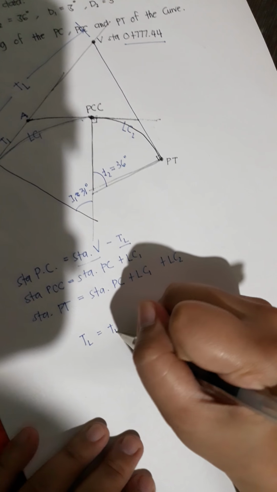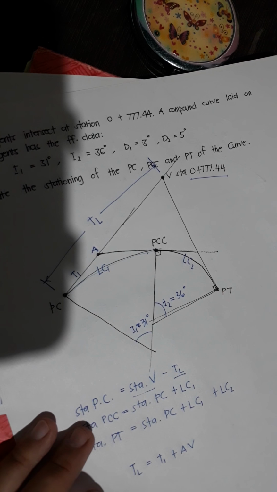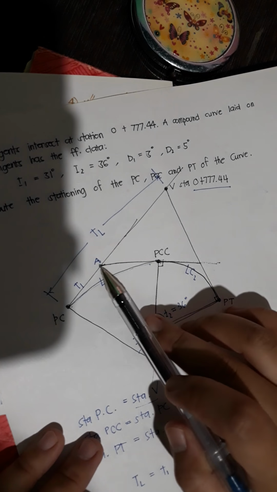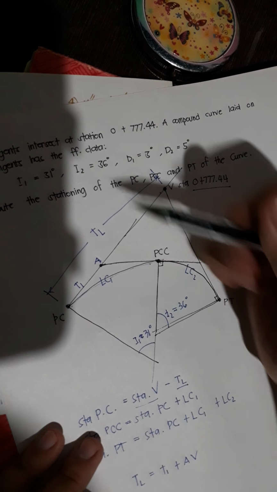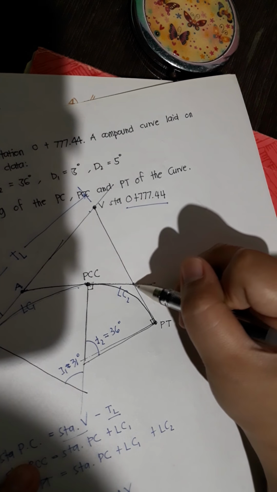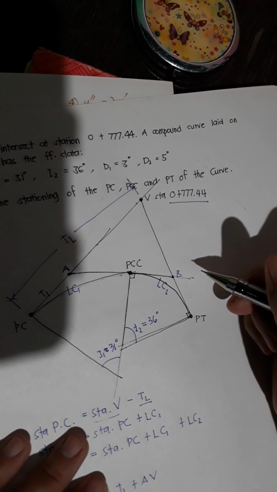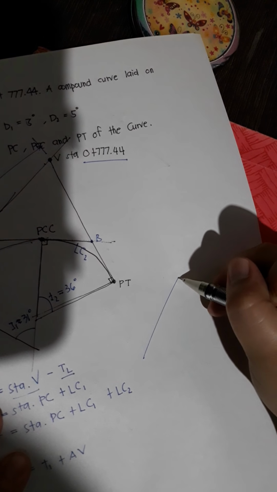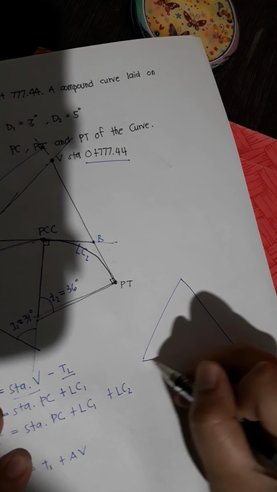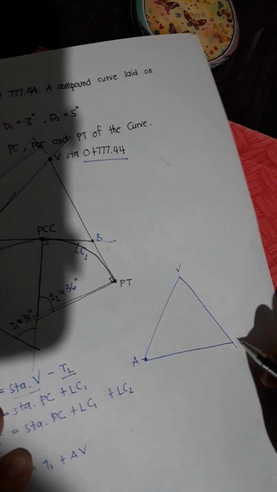Now we need to get the length of AV. So what we need is to isolate this triangle. Let's say this is the second point of intersection of the second simple curve. So we need this triangle A, V, and B.